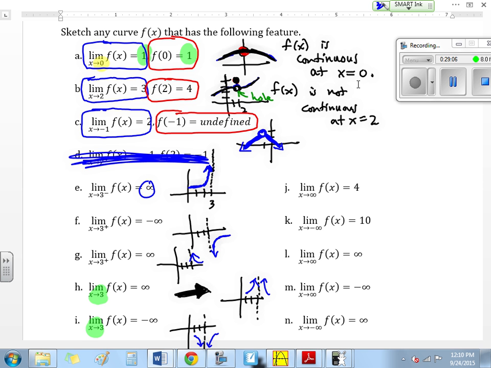Okay? In all these cases, the y is going to do something. In the first one, the y is going to go to 4. In the second one, the y is going to go to 10. In the last three, the y is going to become unbounded in one direction or another. So I'm going to draw these graphs quickly because we're running out of time. But the first one, we're going to the right, and everything seems to be getting closer to y equals 4.